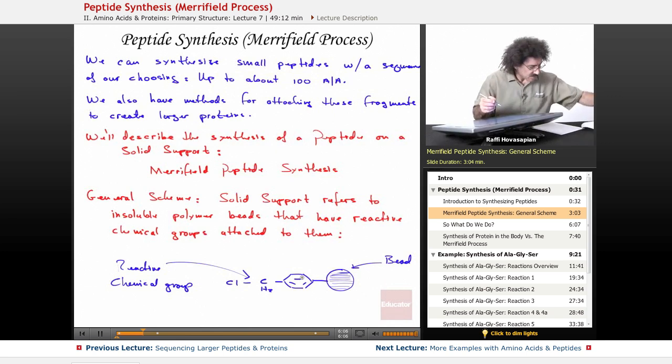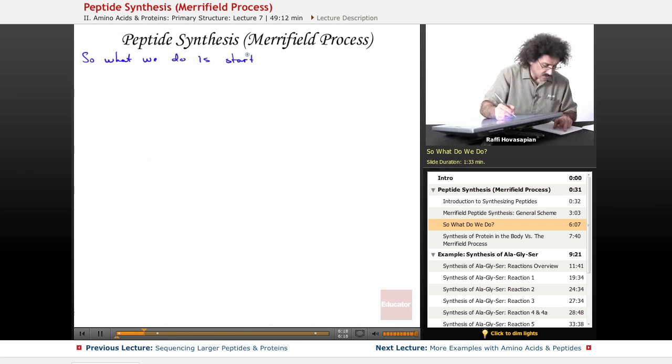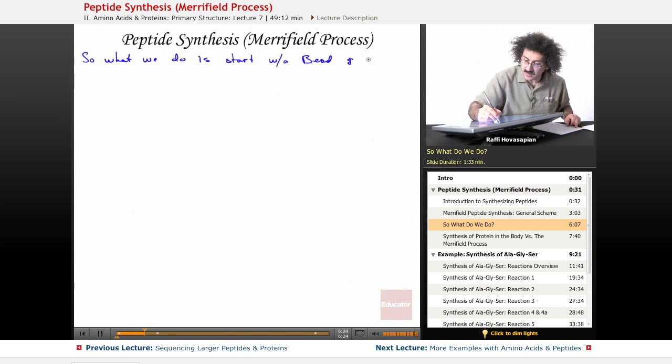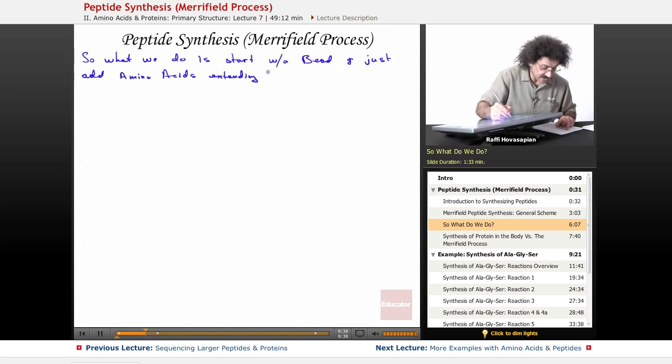Okay. So what we do is we start with a bead and just add amino acids one at a time, extending from the bead.